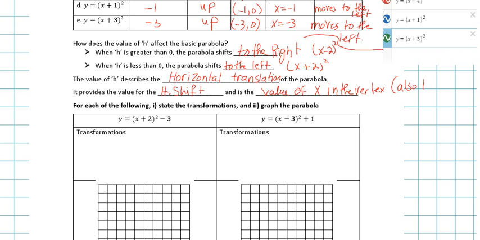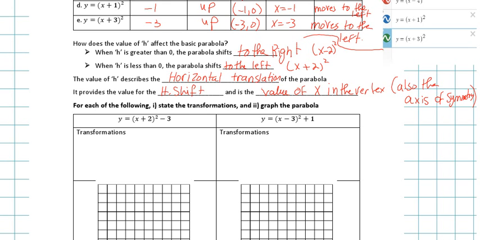You guys remember that? So the h value gives you the x value of the vertex, and it also is the same thing as the axis of symmetry.